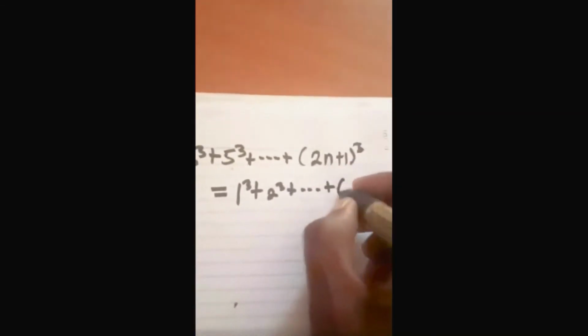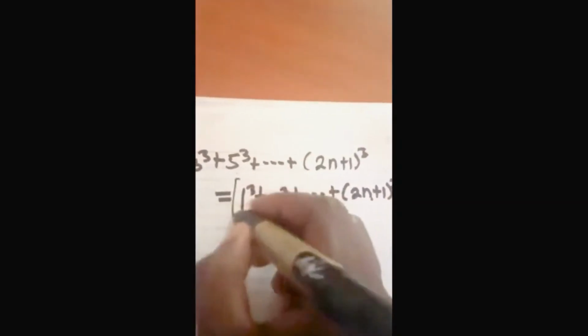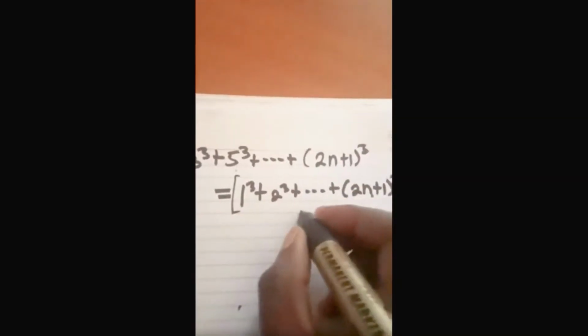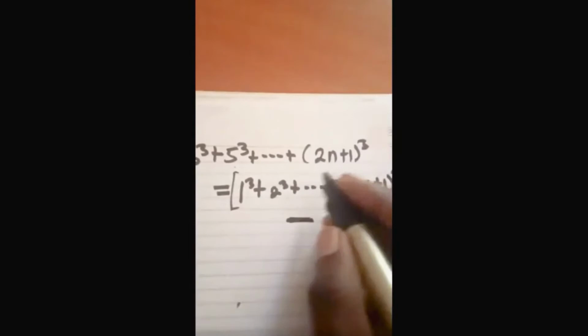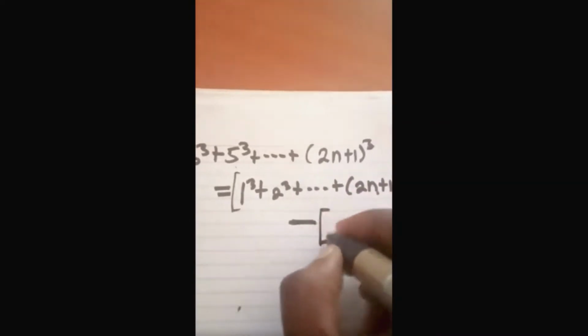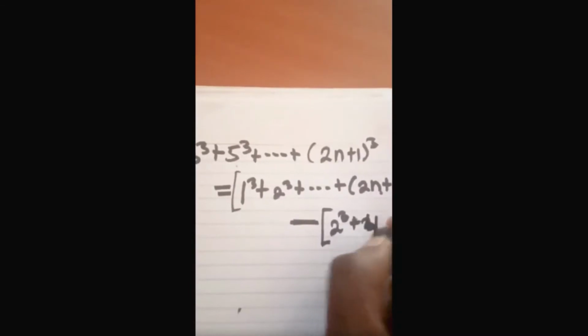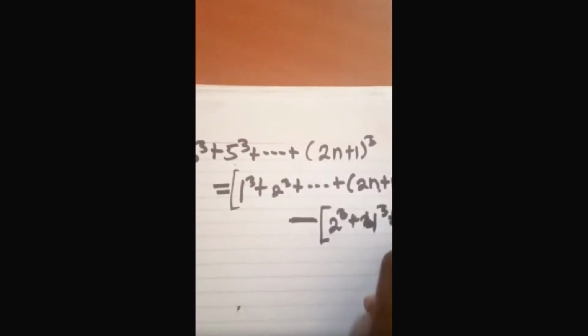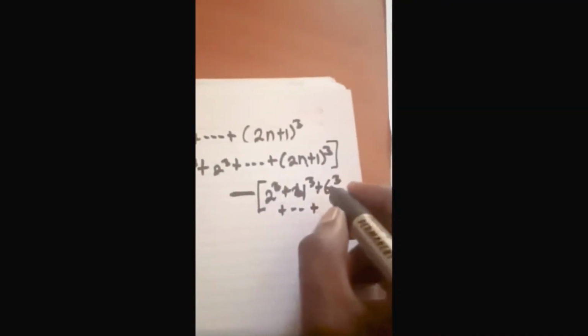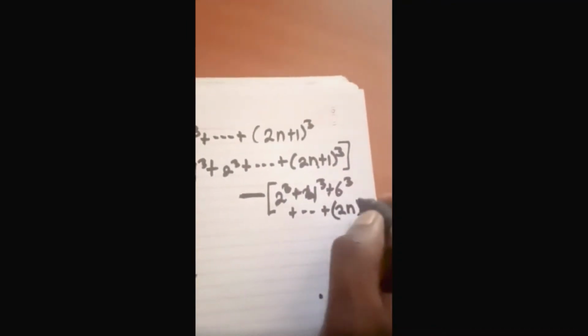Then this is a single sum minus the even ones: 2 cubed plus 4 cubed plus 6 cubed plus up to (2n) cubed.